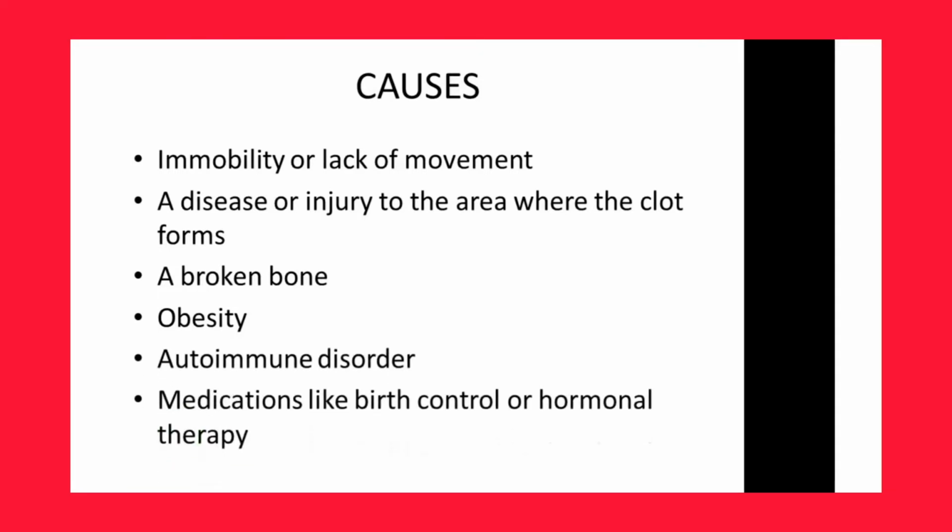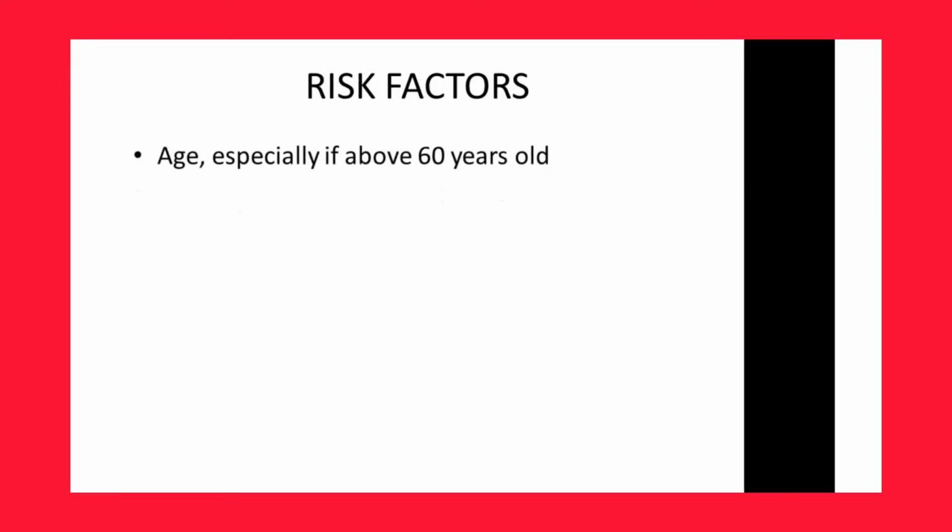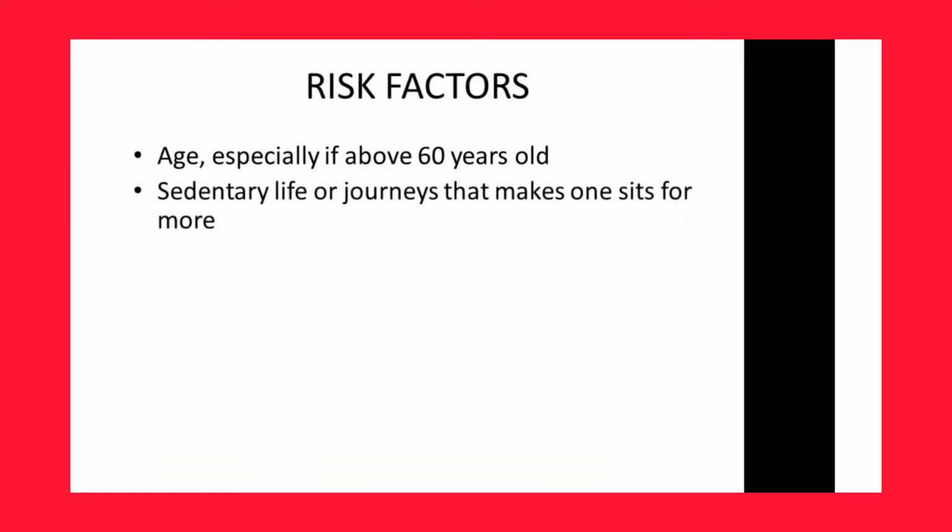Autoimmune disorders and medication like birth control pills really predispose people to it. The risk factor essentially is age, especially if one is above 60 or 65 years old; you start experiencing this clotting problem. Sedentary life, as mentioned earlier, or a journey that makes one sit for more than 4 hours, especially flights.